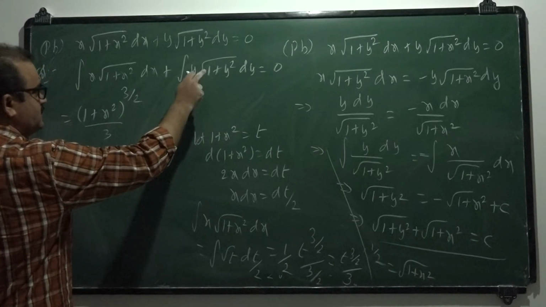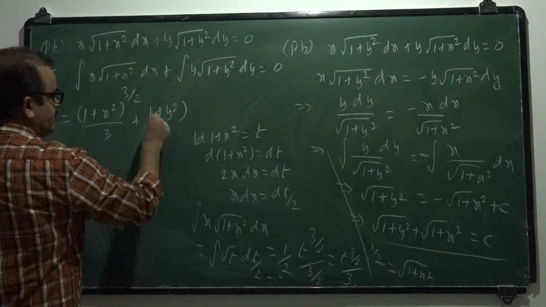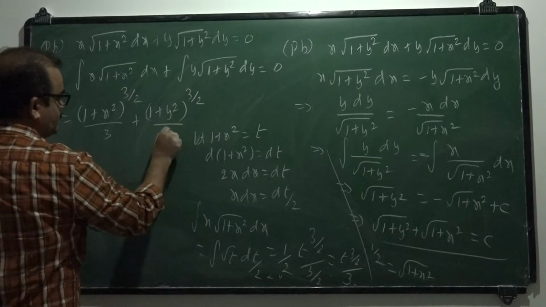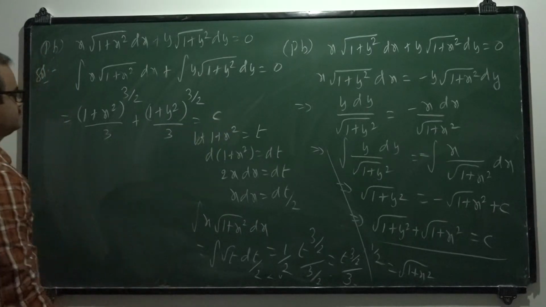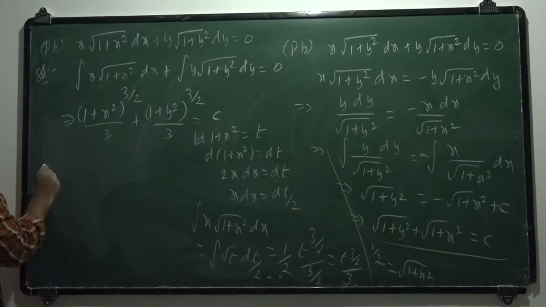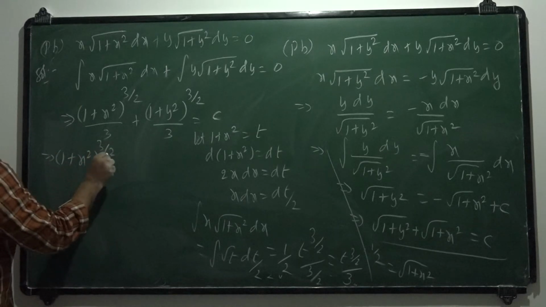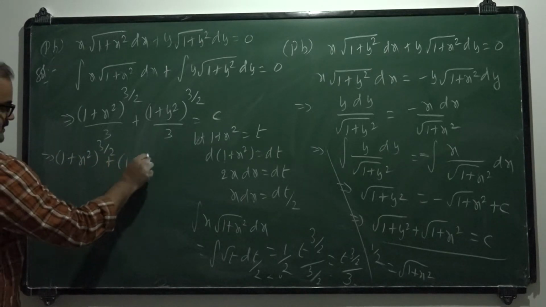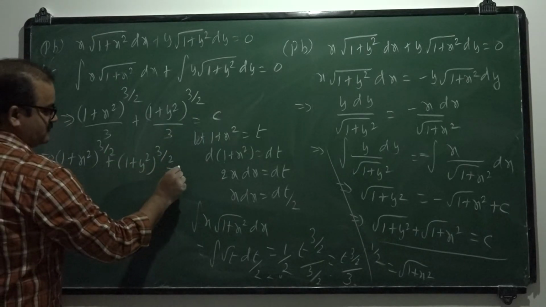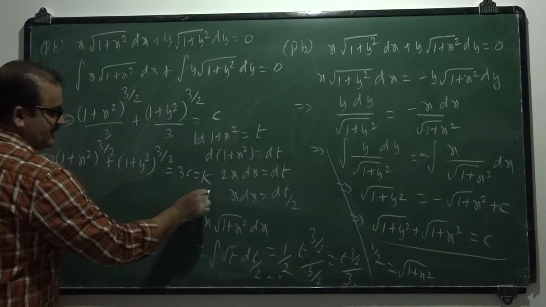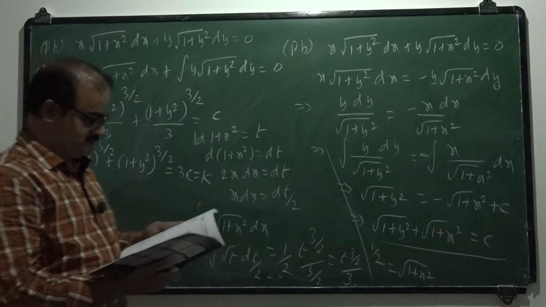In place of x there is y. So this integration value is 1 plus y square whole power 3 by 2 by 3. After integration you write c. Now on cross multiplying, 1 plus x square whole power 3 by 2 plus 1 plus y square whole power 3 by 2 is equal to 3 into c, 3c. That is taken as another constant k. This is the solution.